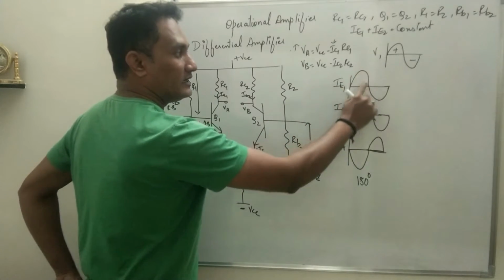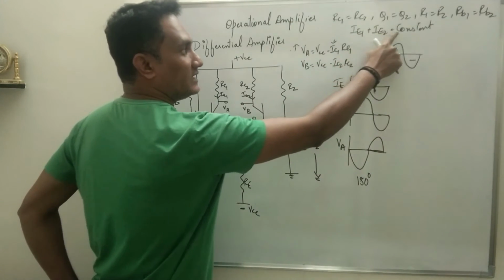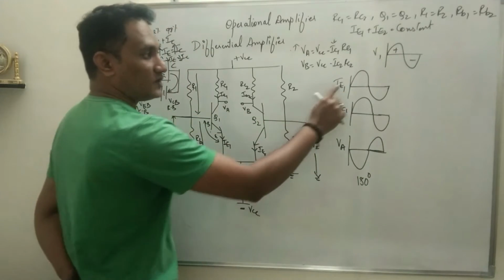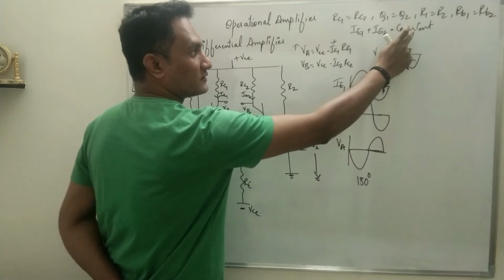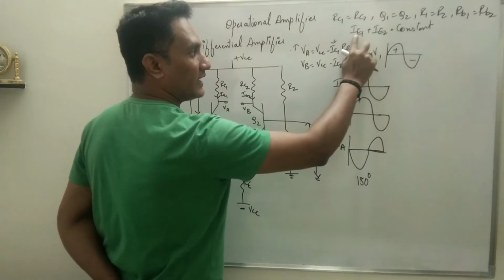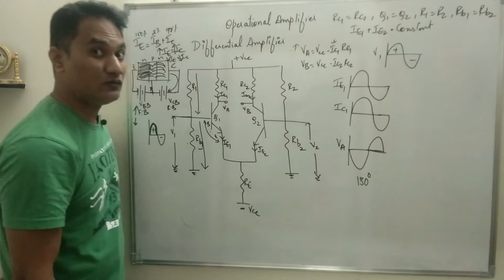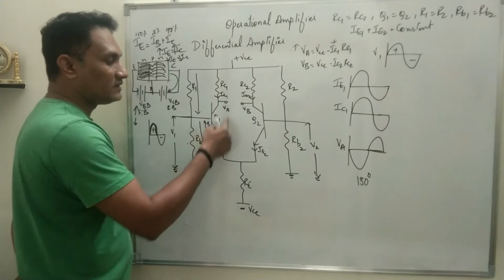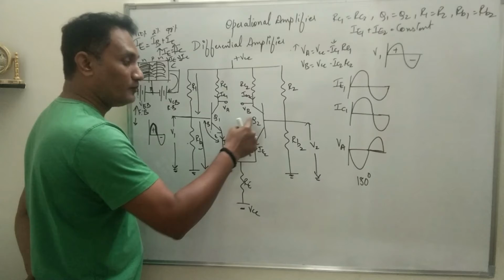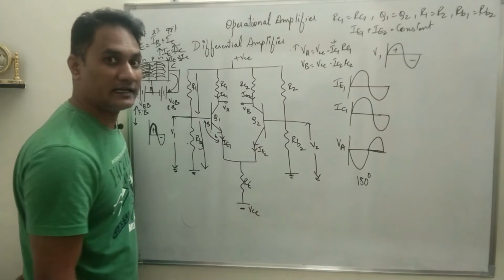Now the working is not done. As IE1 increases, we have mentioned that IE1 plus IE2 should remain constant. So if IE1 increases, to keep this value constant, IE2 will decrease, because I have told you earlier, any change in Q1 will produce a change in Q2 because Q1 and Q2 are directly connected.